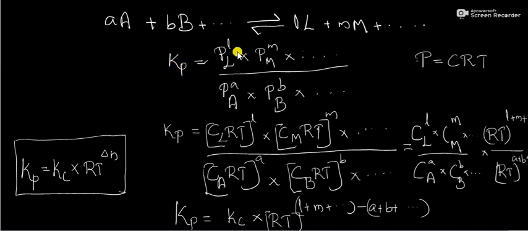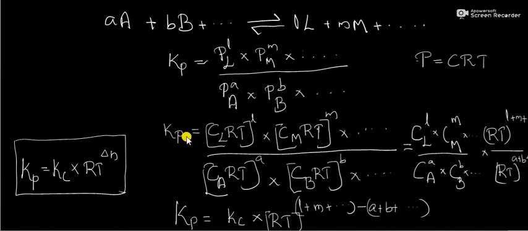Kp is equal to PL to the power l into PM to the power m into etc., all divided by PA to the power a into PB to the power b into etc., where P is the partial pressure, and we know that P is equal to CRT. So substitute this equation in this equation.